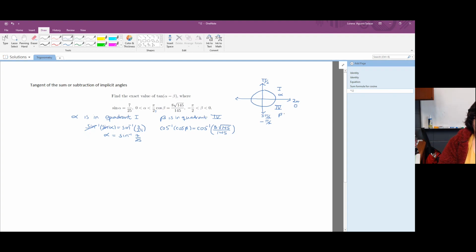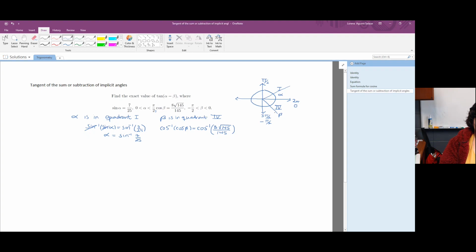because beta is in the fourth quadrant, instead of working with this beta, we should work with the angle in quadrant 1 or quadrant 2, where angles go from 0 to pi. And to get an equivalent angle, an angle that has the same cosine as beta, we need to go to the first quadrant. So if beta was this angle right over here, we will need to go to this angle right over there.